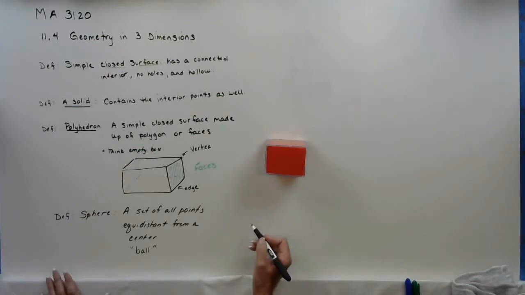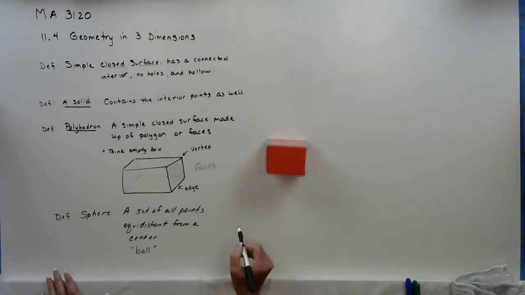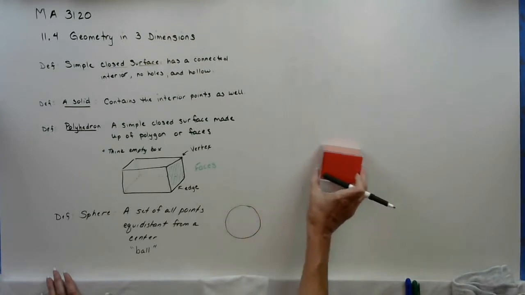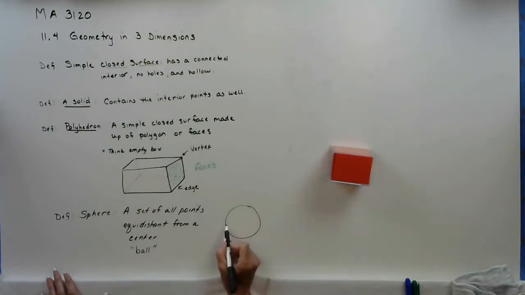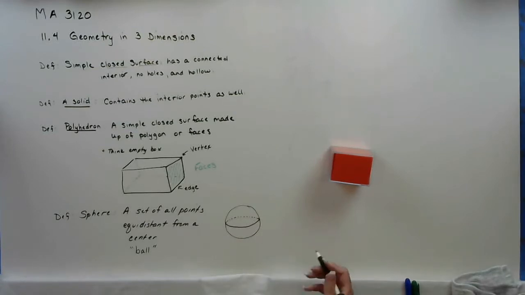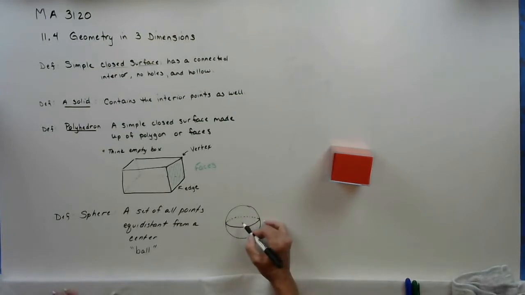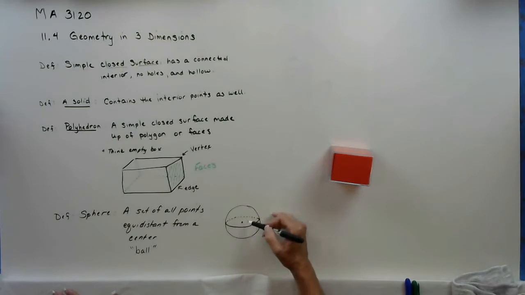So if I want to draw the sphere, the easiest way is to start with a circle, start with your center, and then make a little oval for the part that you do see, and then the part that you don't see. And some people stop there. Other people go ahead and do it the other way as well.